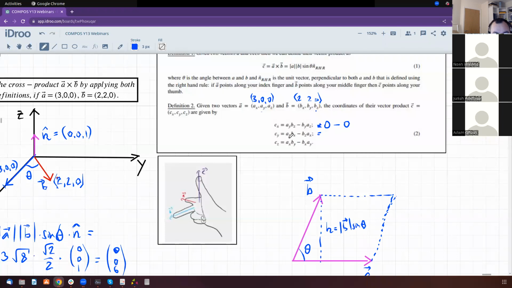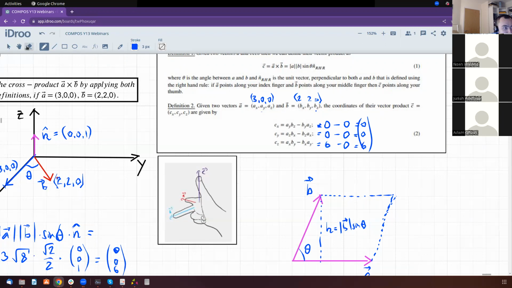This is AZ, BX, so that's 0 times 2, that's 0. Minus BZ, that's 0 times 3, 0. So that's 0. And that is AX times BY, which is 6, minus BX, which is 2, times AY, which is 0. So that's equal to 6. And that's our resulting vector, 0, 0, 6.